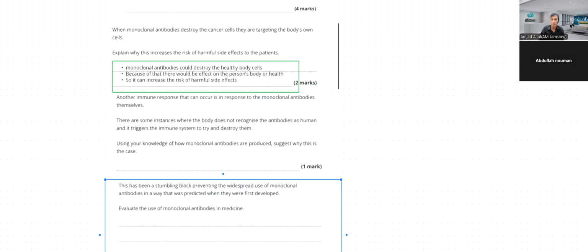What you can add here in this second case is: because of that, there would be an effect on the person's body or health due to the immune response, or because of the triggering of the immune response. Done.